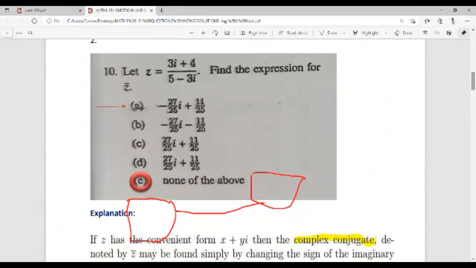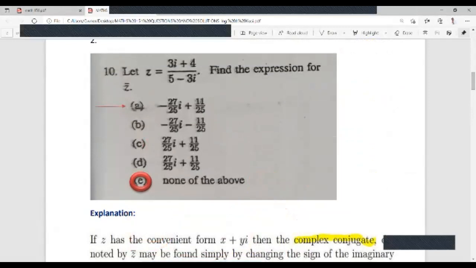Have you seen? They separated it. But check this one with the arrow sign. The A is likely to be the answer because you are seeing minus 20 over 25 i plus 11 over 25. Are you getting something like that? Yeah.